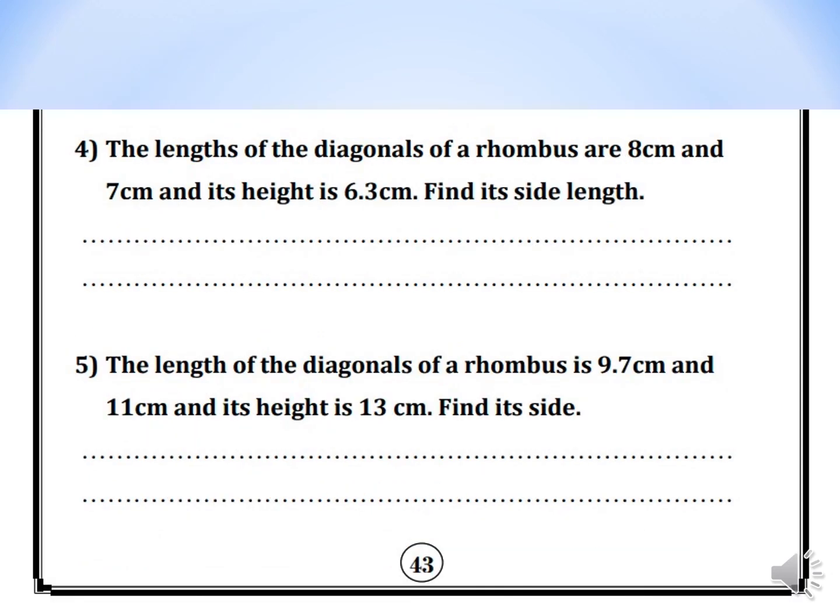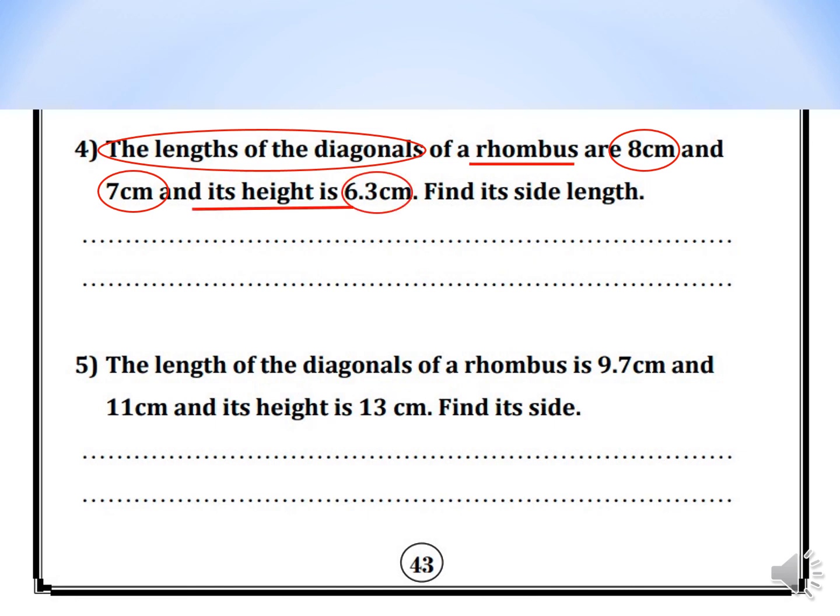Number 4. The length of the diagonals of the rhombus are 8 centimeter and 7 centimeter, and its height is 6.3. Find its side length. So here he wants me to find the side length.